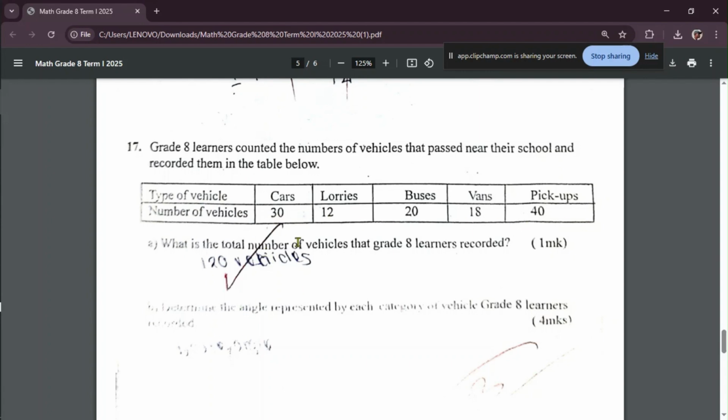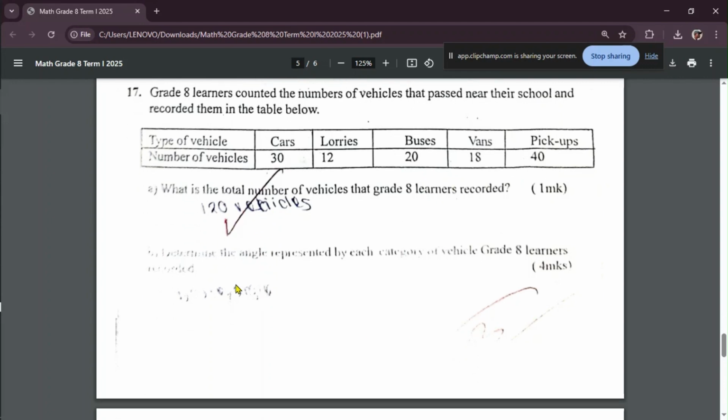What is the total number of vehicles that grade 8 learners recorded? You just take cars plus lorries plus buses plus vans plus pickups. So you take 30 plus 12 plus 20 plus 18 plus 40.